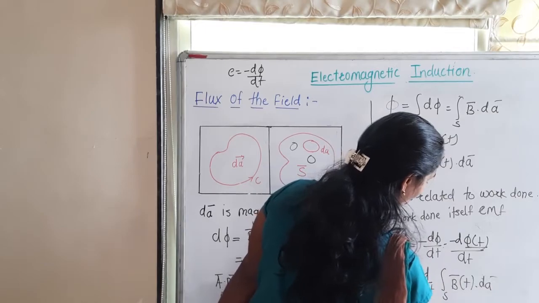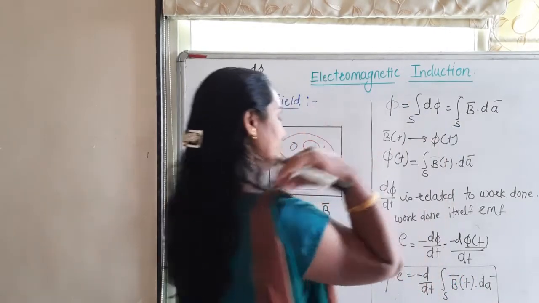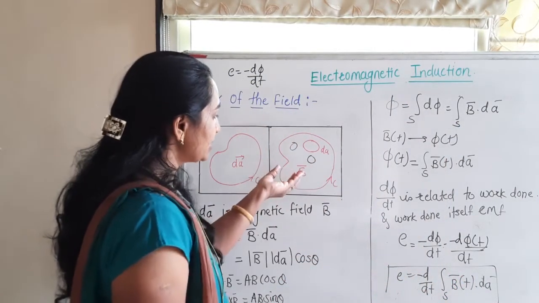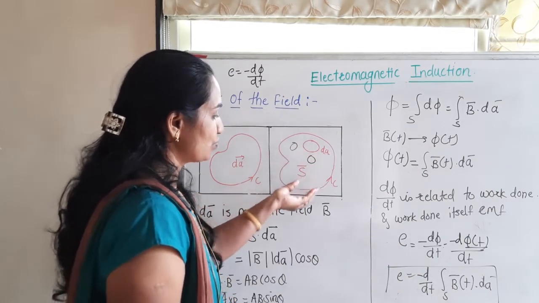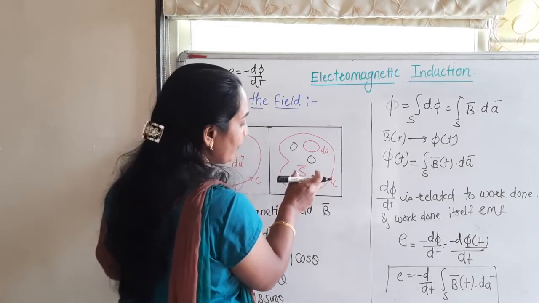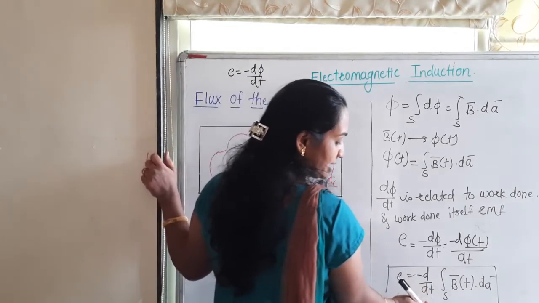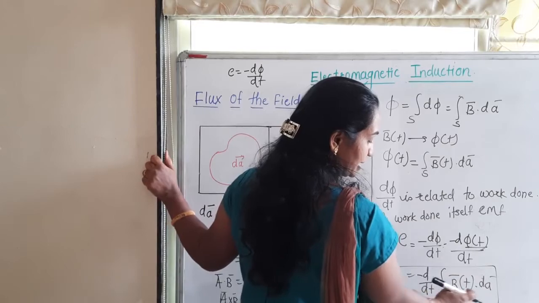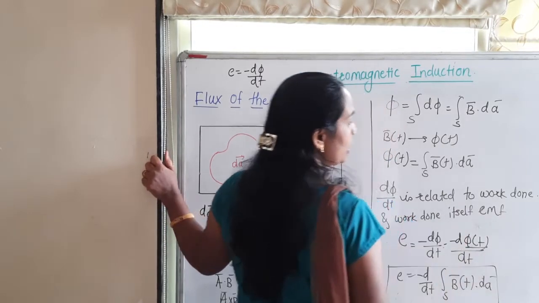This is the value of the induced EMF in this area. If the area is divided into small parts, the induced EMF is equal to minus d by dt of the integration over S of B bar of t dot dA bar.